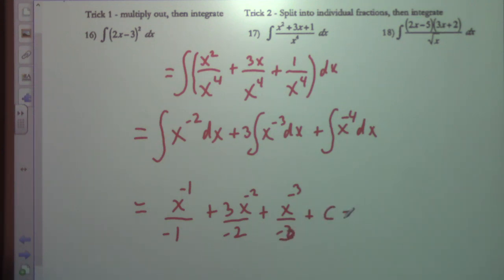And then just simplifying and cleaning up on the right. So that's going to be equal to negative 1 over x, minus 3 over x squared, minus 1 over 3x cubed, plus C.